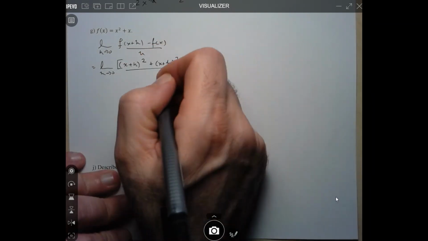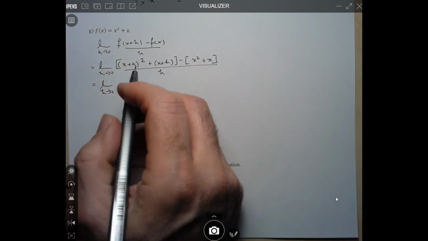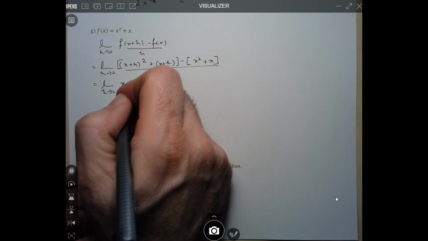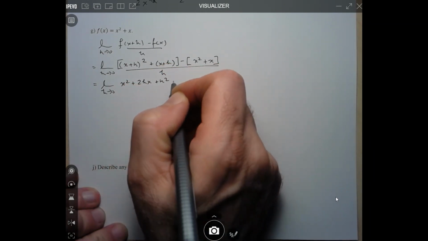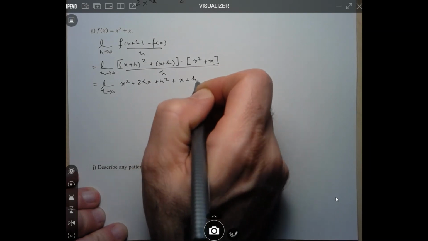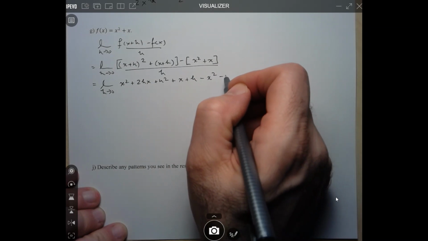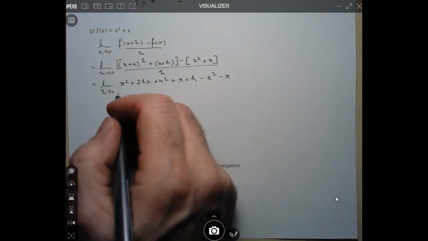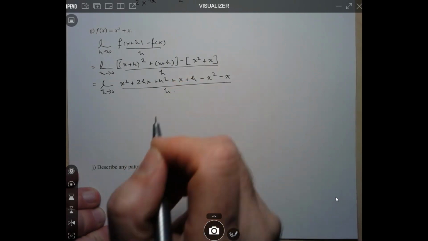And this is actually significantly simpler than the last couple we've done. So let me expand that there. x squared plus 2hx plus h squared plus x plus h, and then minus x squared minus x. Don't forget to distribute. All over h.